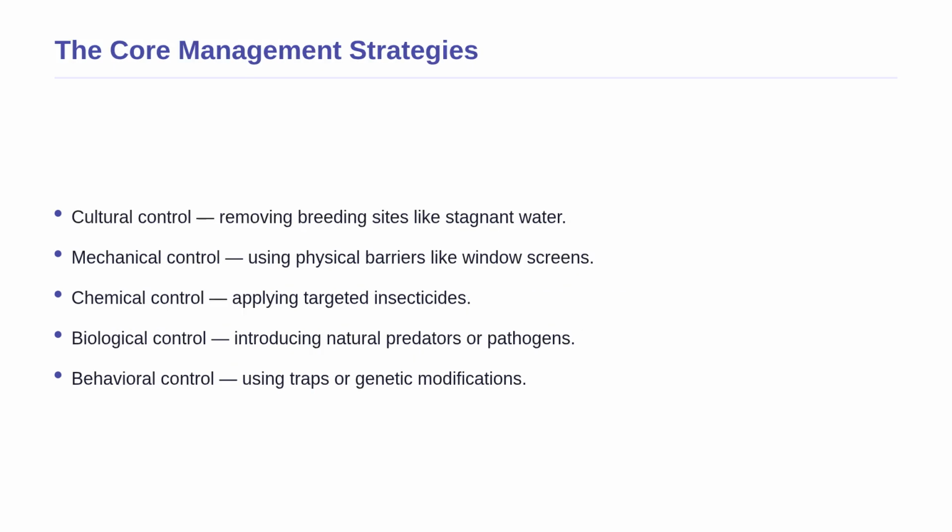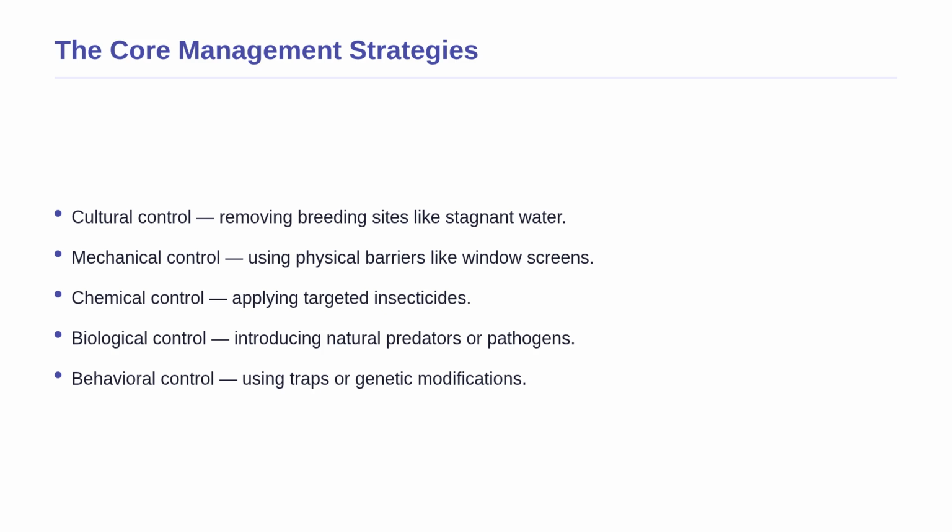Building on the idea of integrated vector management, let us look at the specific tools in our toolkit. We have cultural control, which involves changing the environment, like removing stagnant water where mosquitoes breed. Then we have mechanical control, which uses physical barriers like window screens or bed nets. We also use chemical control, applying specific insecticides carefully.